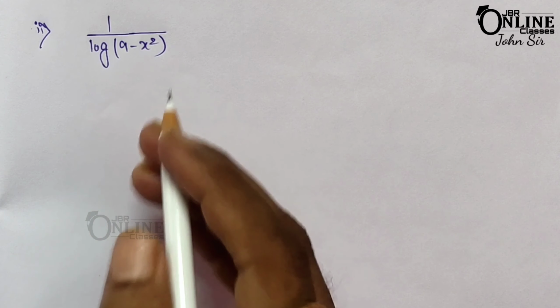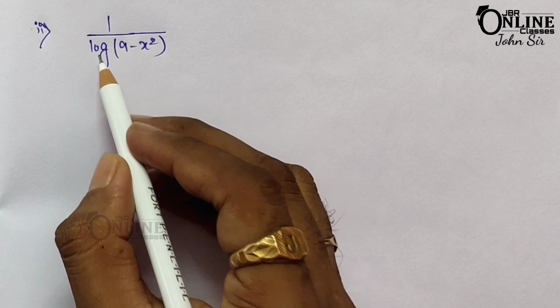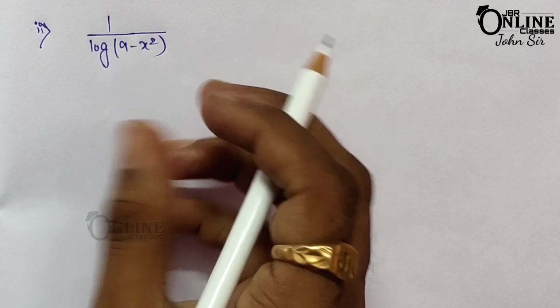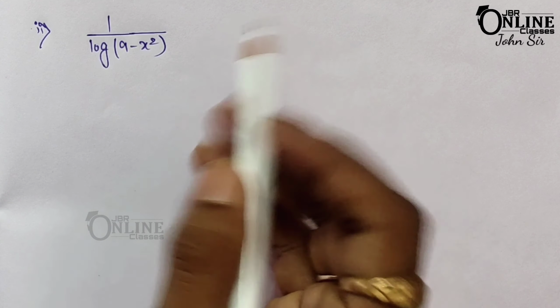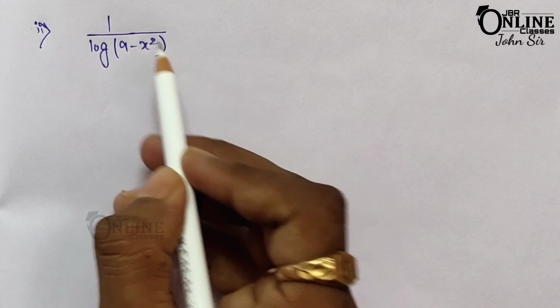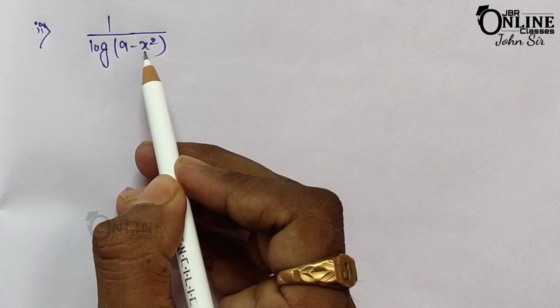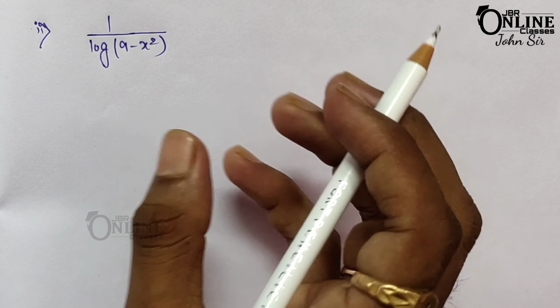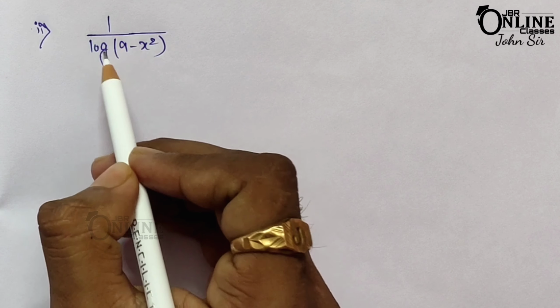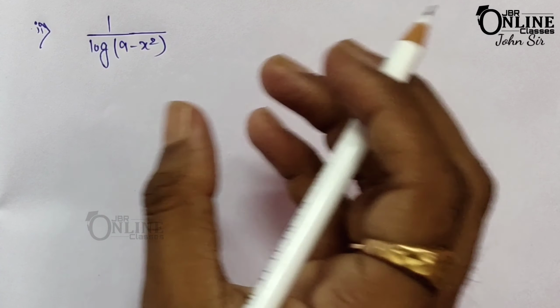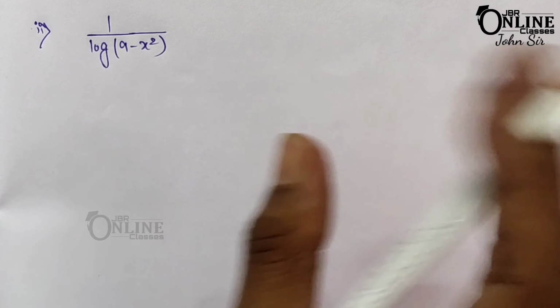Now for 2. Here the given function is 1 by log(9 - x^2). For the domain, f(x) must be a real number, and definitely log(9 - x^2) must be a real number. So 1 by log(9 - x^2) must be a real number. Clear?